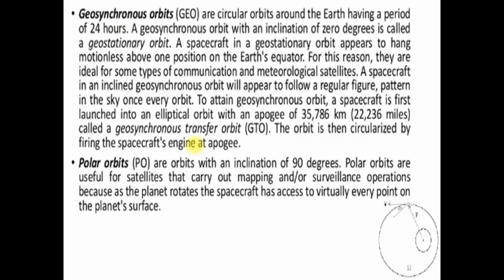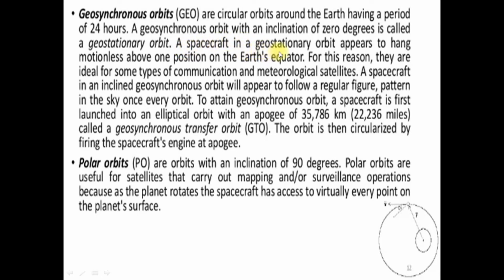Geosynchronous orbits, or GEO, are circular orbits around Earth having a period of 24 hours. A geosynchronous orbit with an inclination of 0 degrees is called a geostationary orbit, which we have already discussed, with respect to the equator.